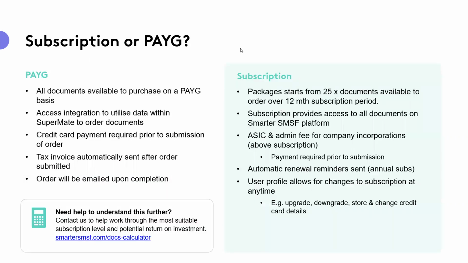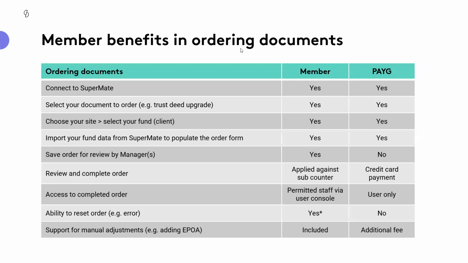So what do I mean by that? What I mean is that you have the ability to manage the team that has access to your subscription. That allows you to, as we showed you before, have people submit just under that subscription ordinarily. So the subscription is to the firm, not to the individual. You can then, through the user console, have staff added into that console and have them removed from that console.